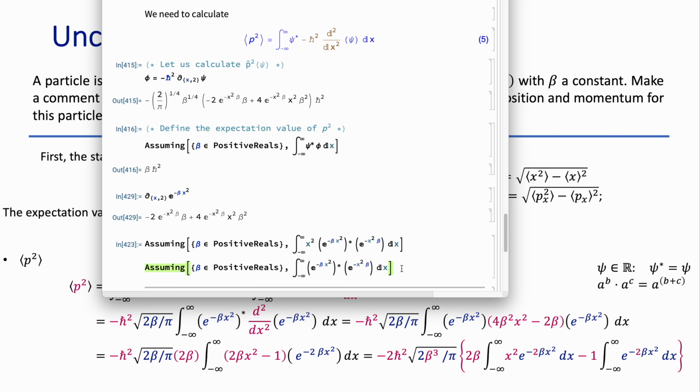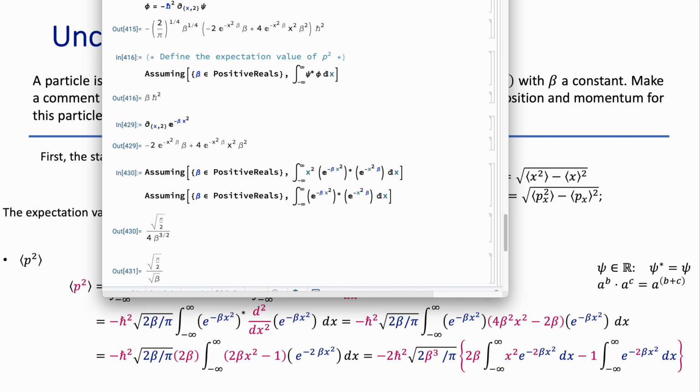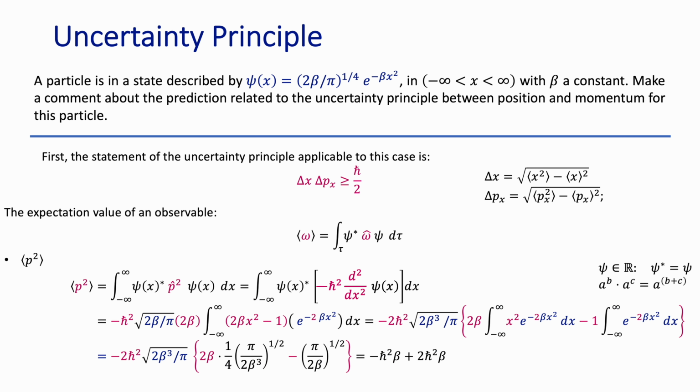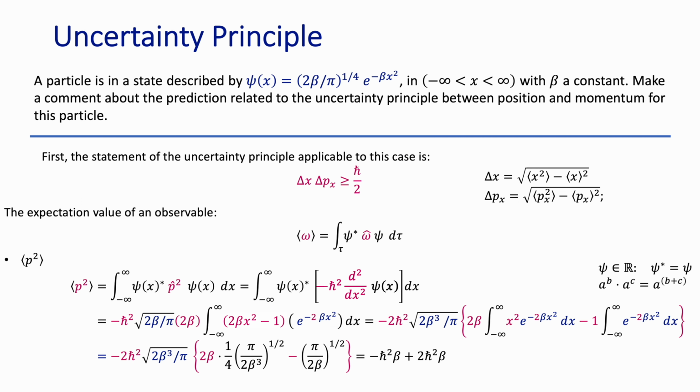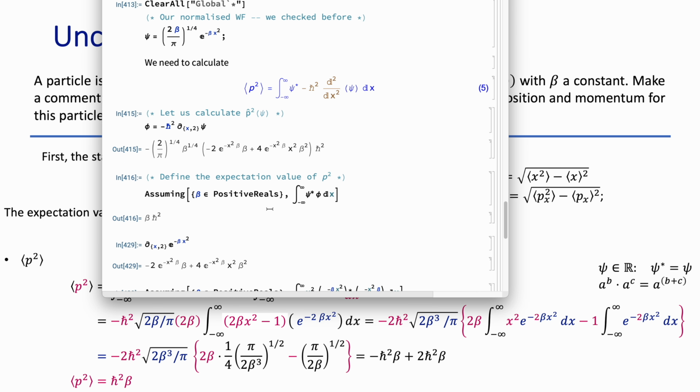So those are the integrals that I have to solve in this case, just to be consistent with the way that I'm writing my answer here. And with that, those are the values that I got. I am substituting those values in here for each of them, and then I just have to simplify the equation, do my algebra, to get the result of h bar squared times beta, which again is the same as what I got before.